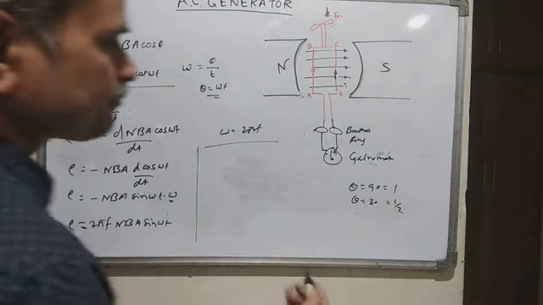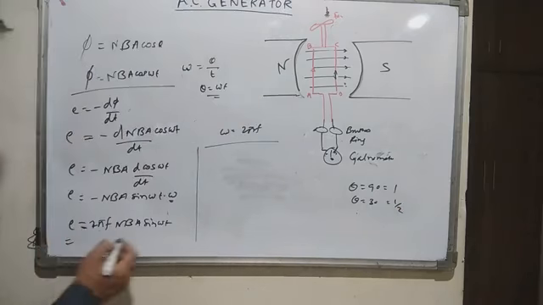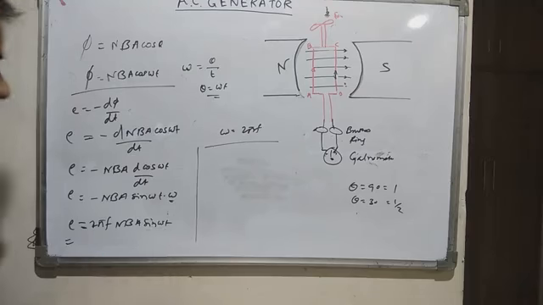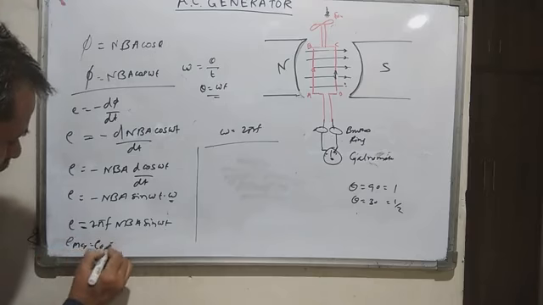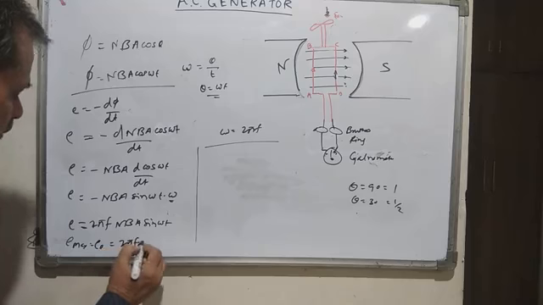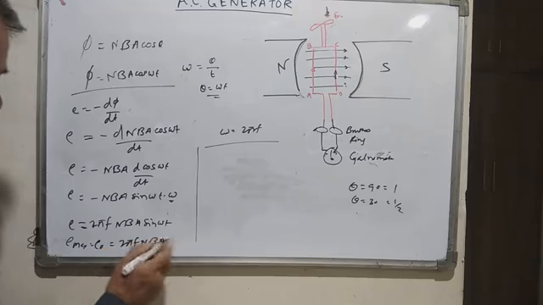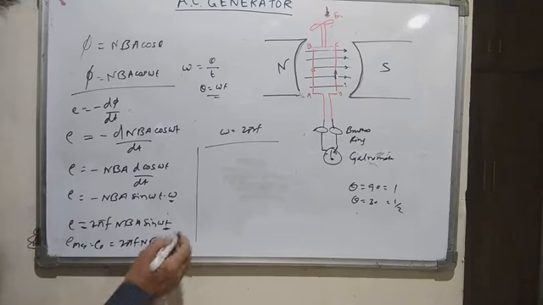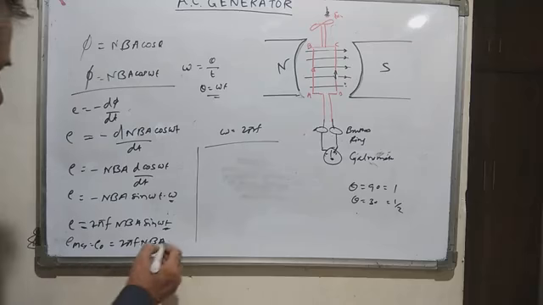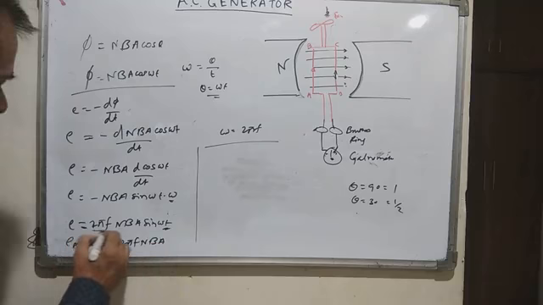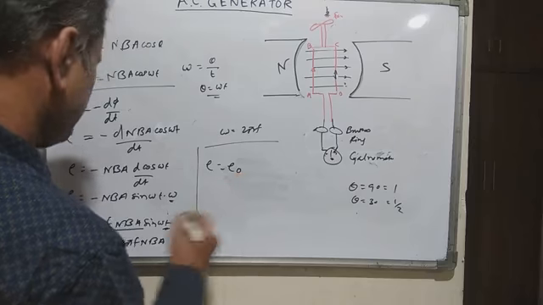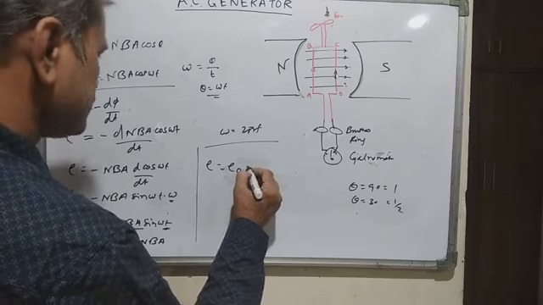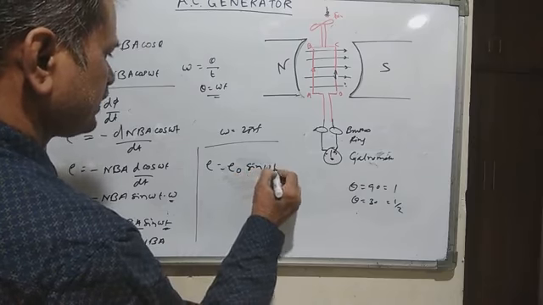So the maximum value of E will be when sin omega t is 1, at 90 degrees. So E max, or E naught, equals 2 pi f N B A, because sin omega t is maximum. If I replace 2 pi f N B A with E naught, then the equation will be E equal to E naught sin omega t.